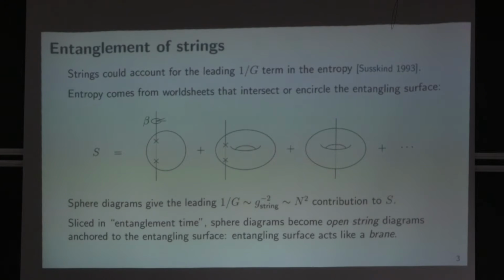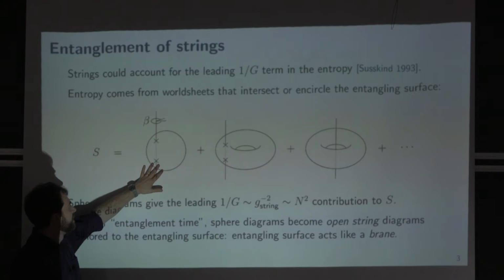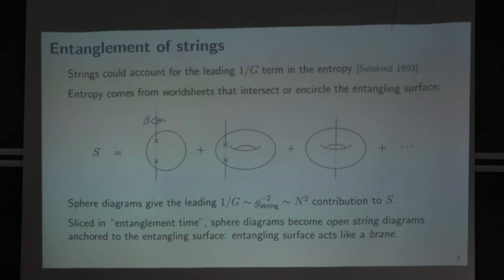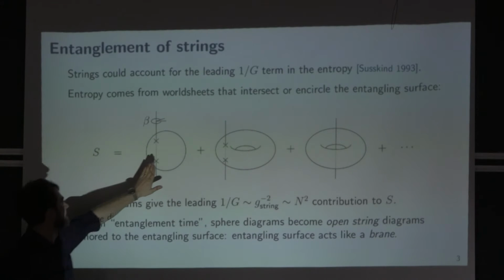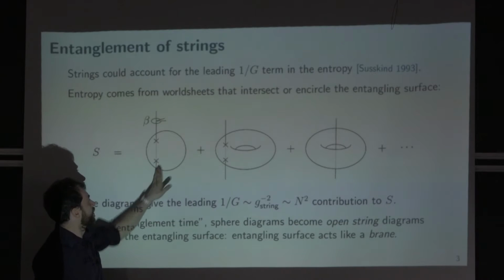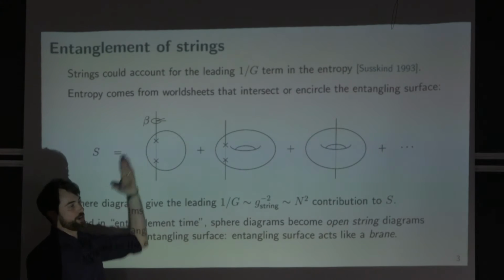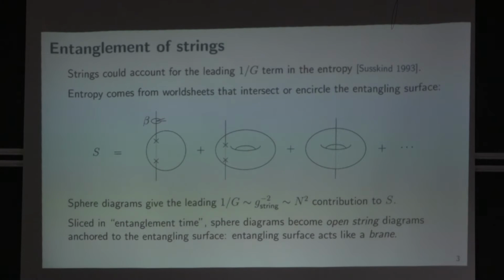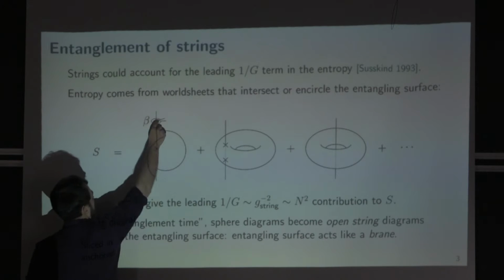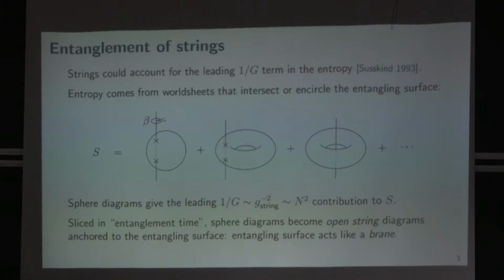Okay. And yes, so you can actually give a statistical interpretation in terms of this thing. If you slice in what I'll call entanglement time, meaning you take an angle where this is the origin and slice it going around, this thing will look like an open string with two endpoints sitting on the entangling surface, and it'll sweep out some path and come back to itself.